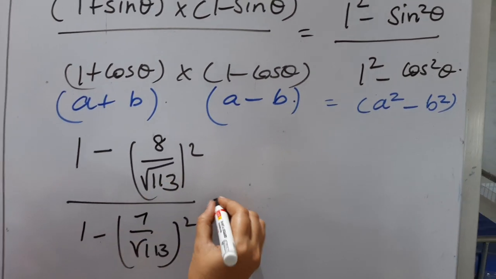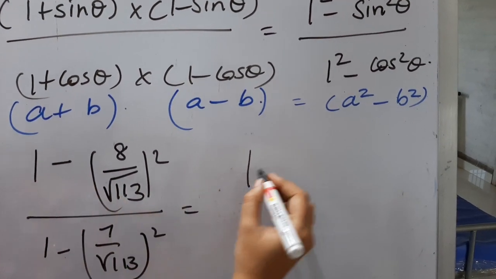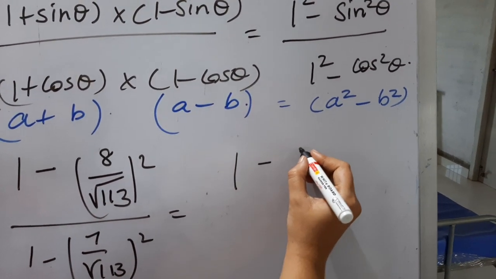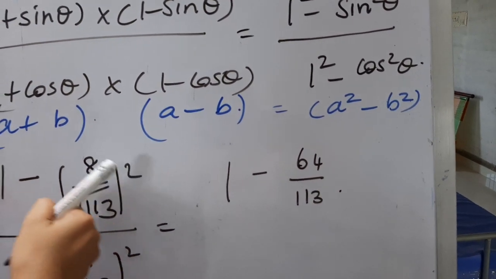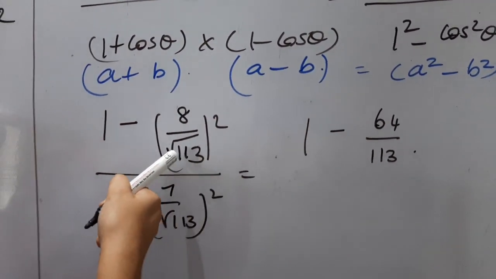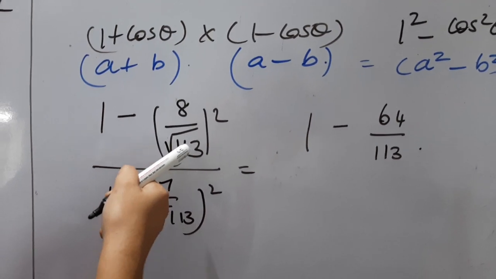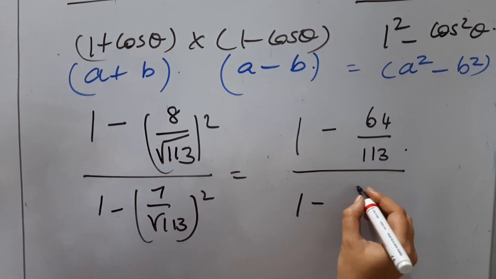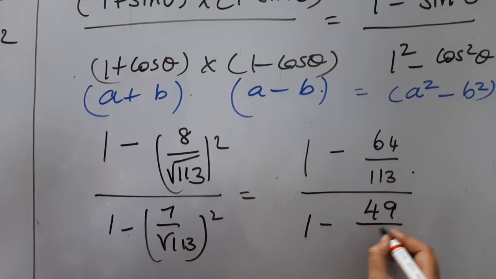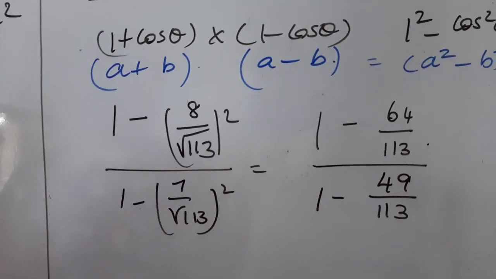Now take the square for the numerator. It becomes 1 minus 64 by 113. I am taking the square separately for 8, which is 64, and the square of root 113 becomes 113. The same way for the denominator, it becomes 1 minus 49 by 113.